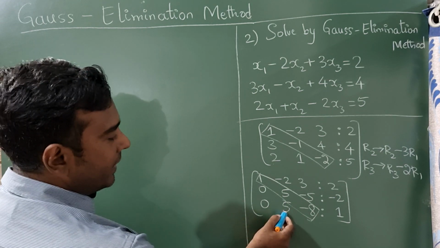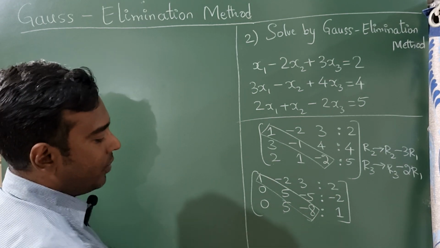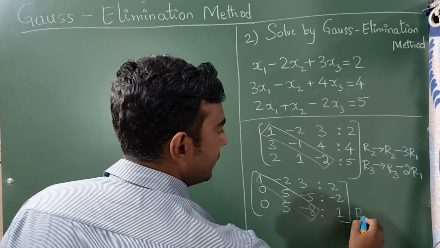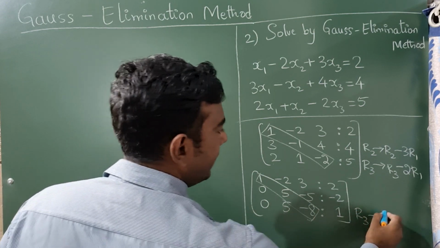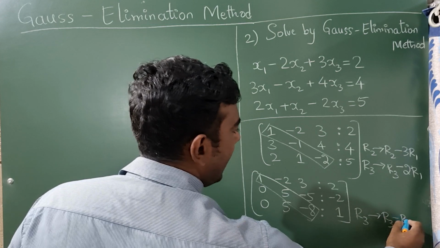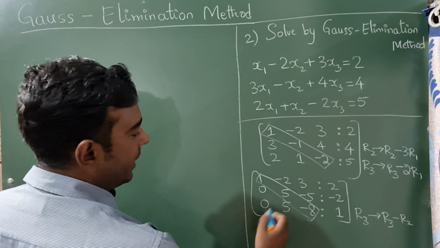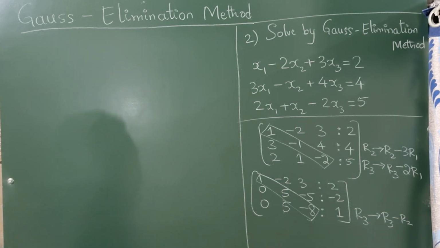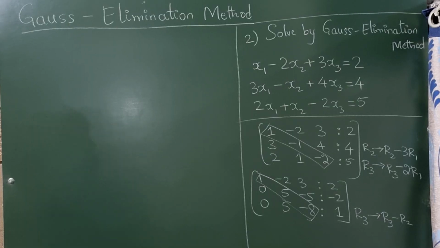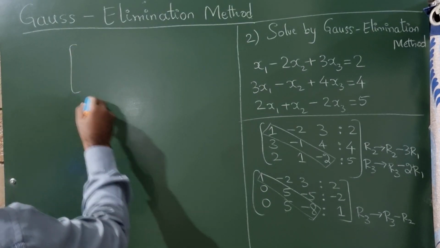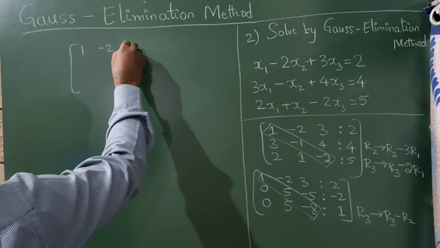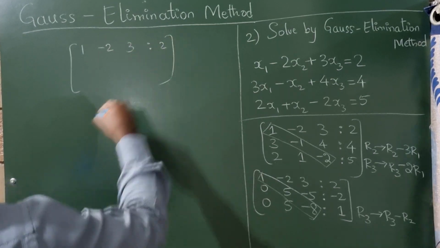Now you have to make this element 0. So the row is R3, and I'll write R3 minus R2, so it will become 0. Write the first row elements as it is. Don't change.